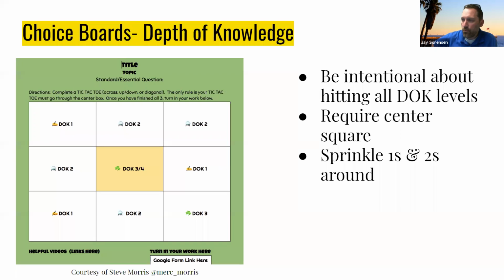So the center square was required, and then you would sprinkle the 1s and 2s. You could throw another 3 in there, and again, it leads to that self-differentiation. But this is a way to ensure that he was hitting those higher DOK levels with all students.